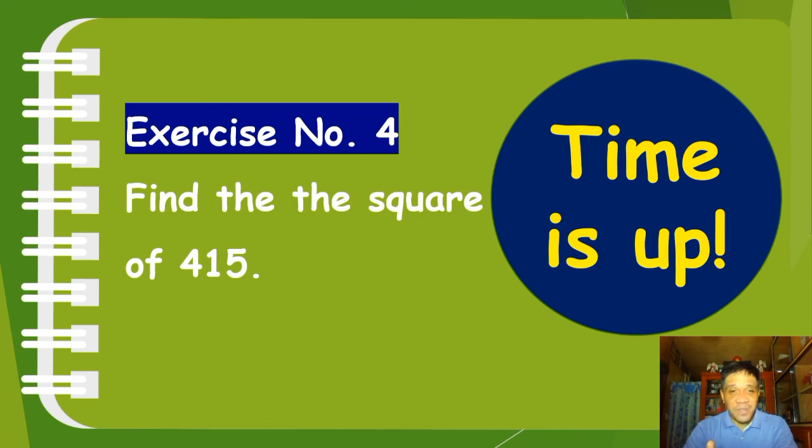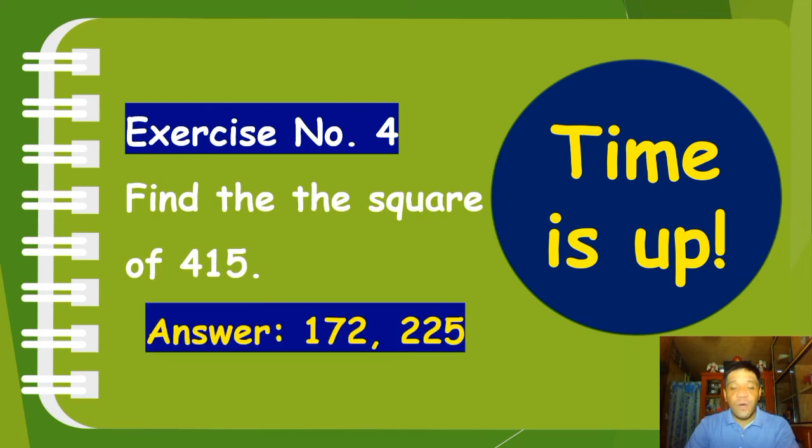Let's put our answer here, and the square of 415 is 172,225. Again, 172,225. Okay. There's only one set of questions of this kind in the lesson that we have.